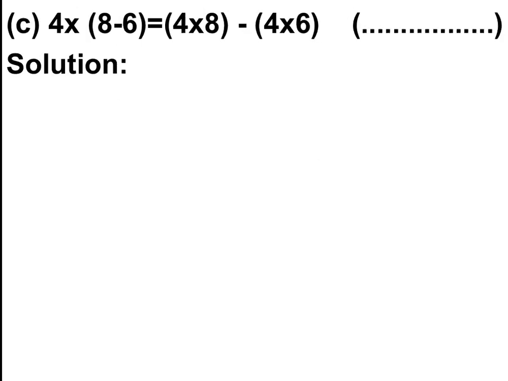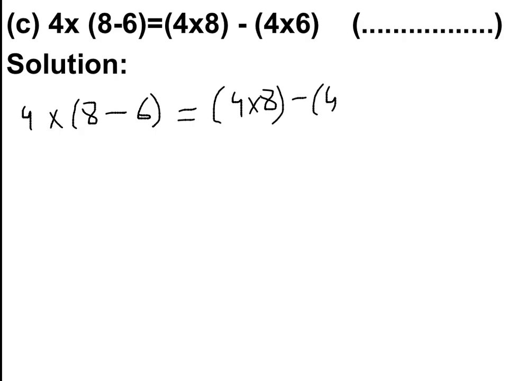Now part C. The value of part C is 4 multiplied by bracket 8 minus 6 bracket close is equal to 4 multiplied by 8 minus 4 multiplied by 6. First we will solve. First we will solve the bracket, that is 8 minus 6 is equal to 2.